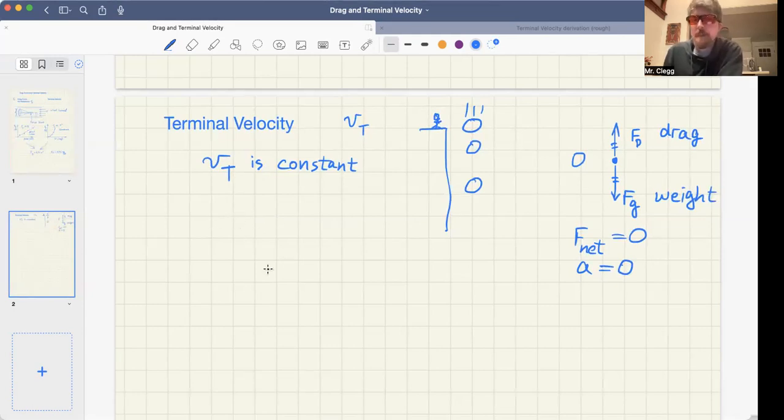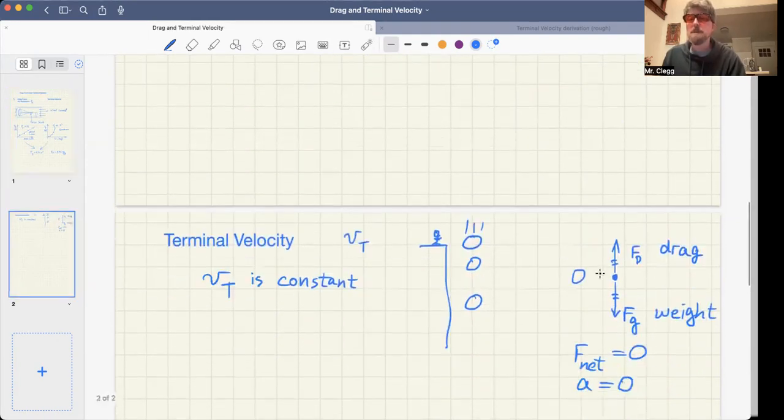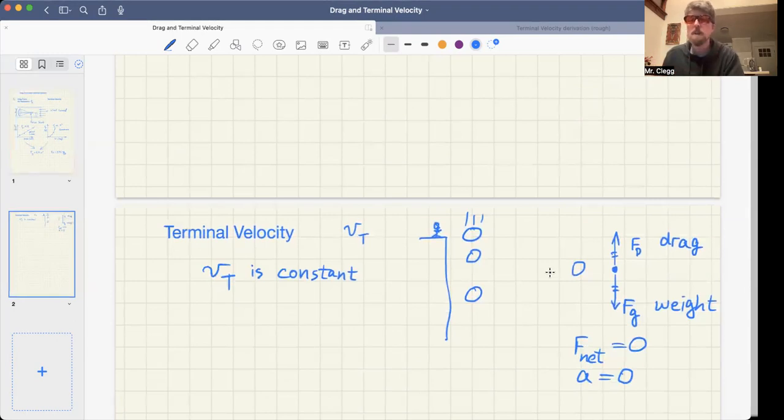Okay, so if we want to figure out the terminal velocity of our parachute, before we actually figure it out, we have to do one thing. When we have a parachute, we don't really know what the drag force is, but we do know what the weight of the whole parachute and the mass that we attach to the system is, right?